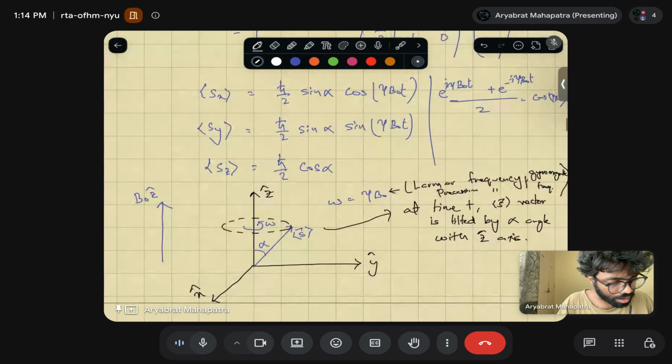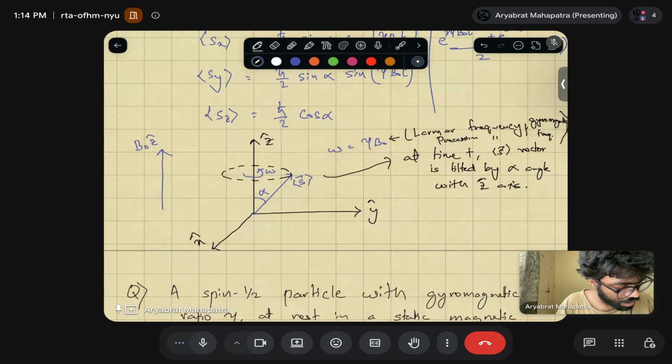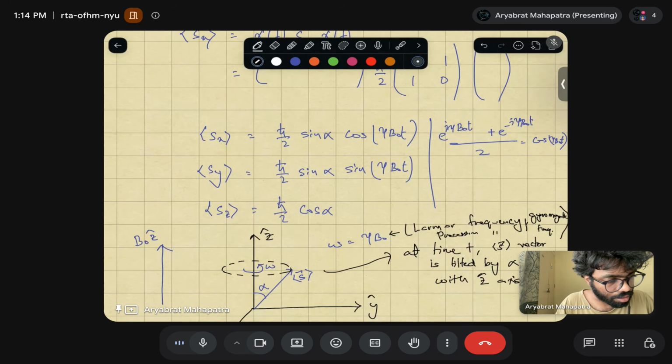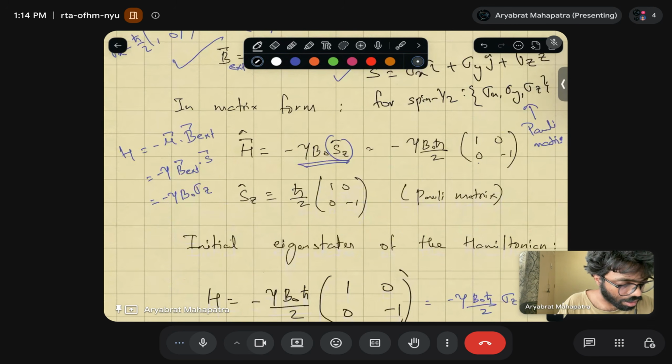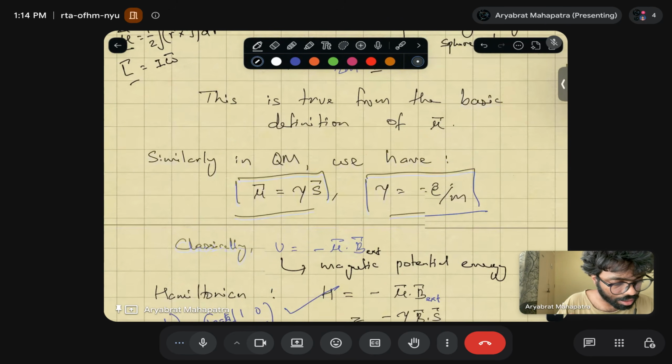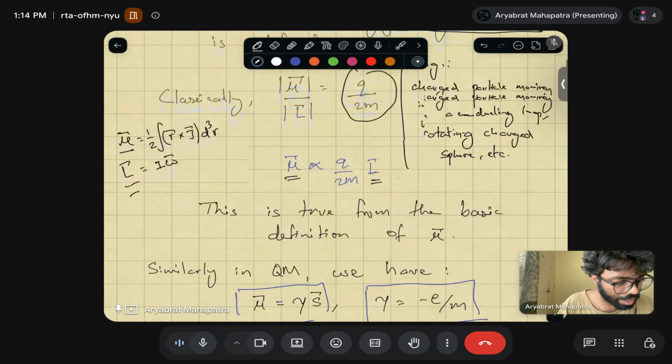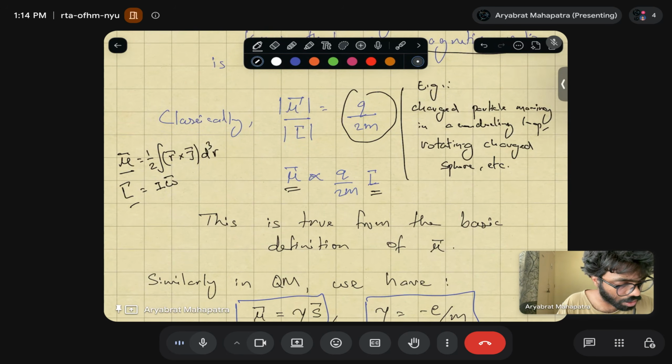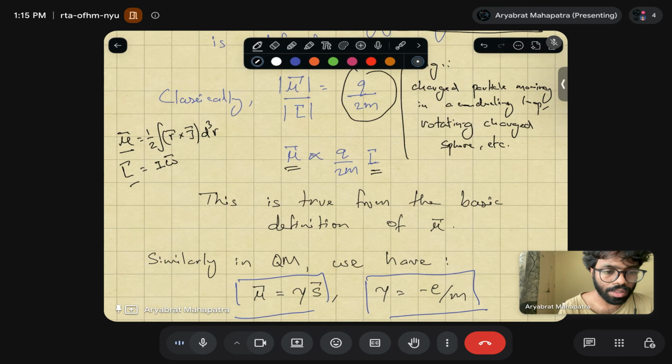So this is the point which I was trying to make. This is something not very usual. If you take, as we were talking about, classical angular momentum, or classical objects carrying charges, which also obey some gyromagnetic ratio, when we keep them in some external field, they do not show this unconventional type of precession.